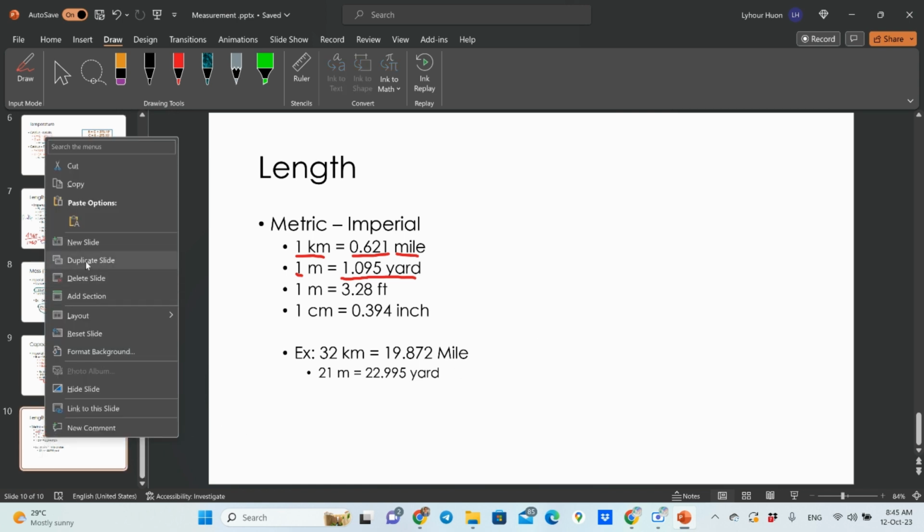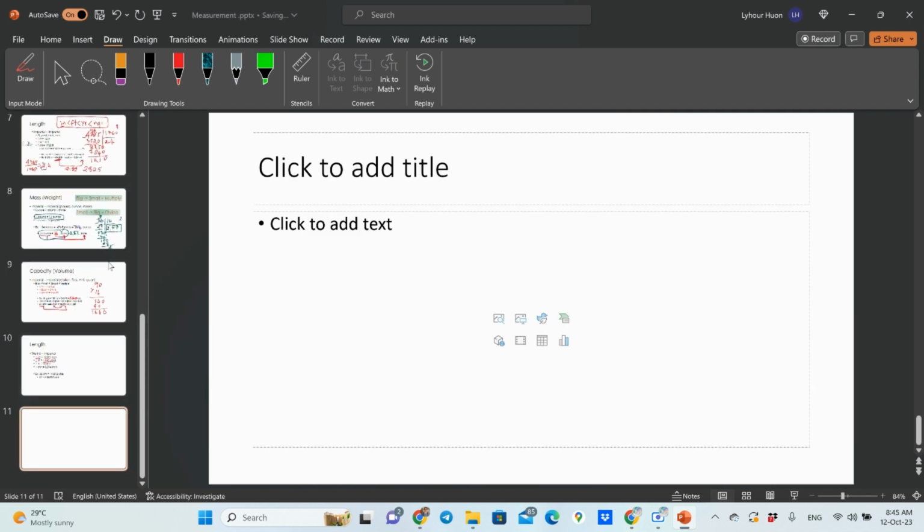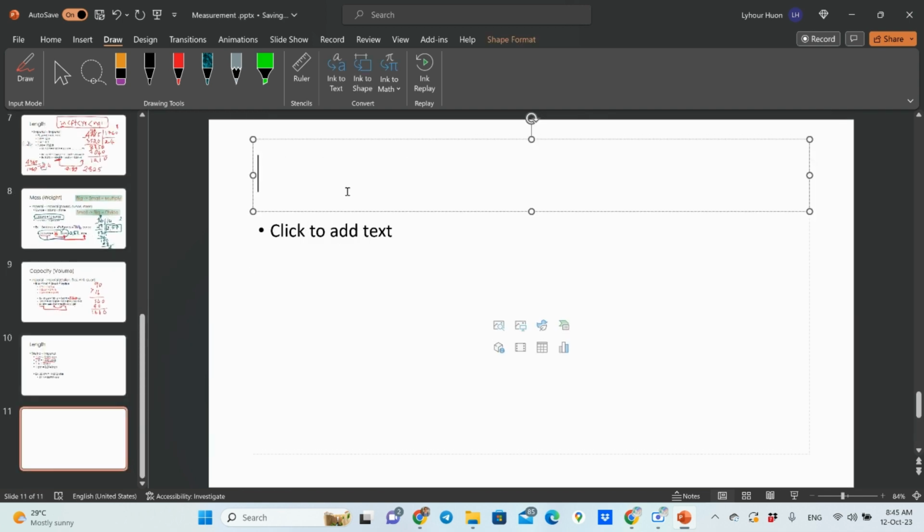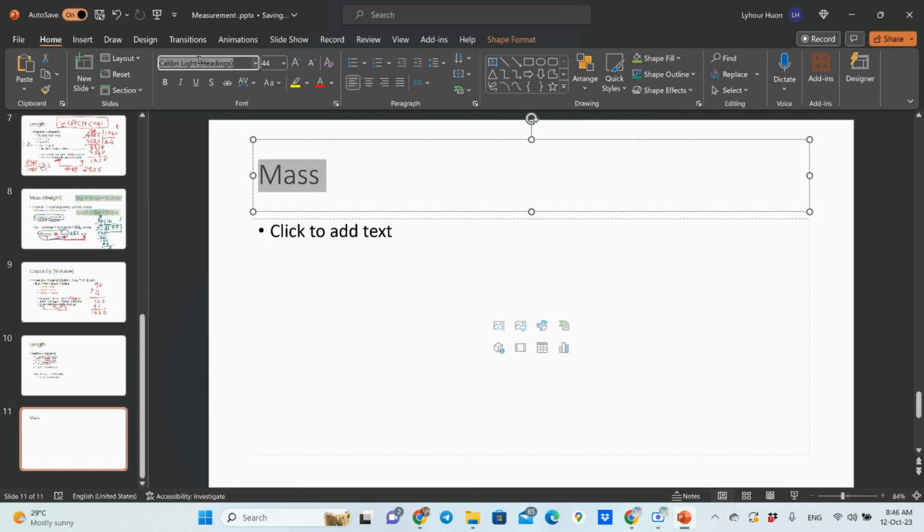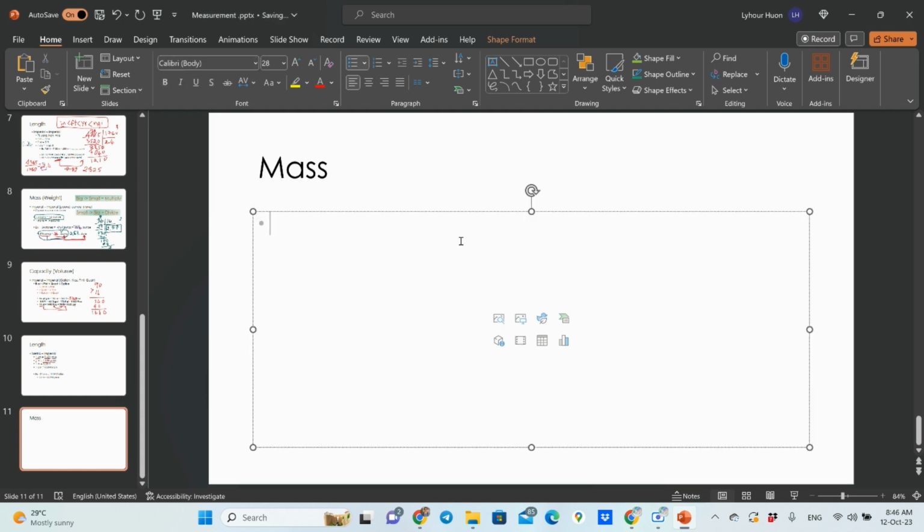After the length, we have mass, from metric to imperial.